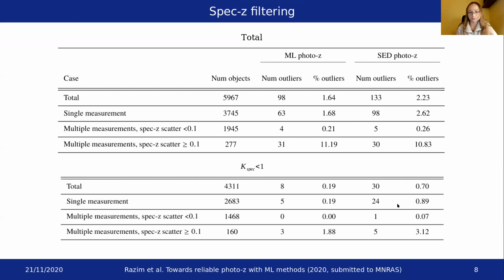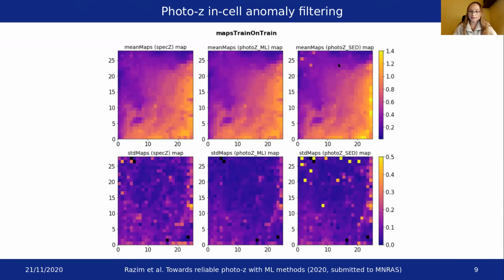Yes, of course. Actually, if we look at the self-organizing maps colored with mean values of spectroscopic and photometric redshifts, and with the in-cell standard deviation of the distribution of spectroscopic and photometric redshifts, we can notice that the map of standard deviation for photo-Z has a number of cells where obviously something very wrong is happening. Obviously, there are some strange predictions.